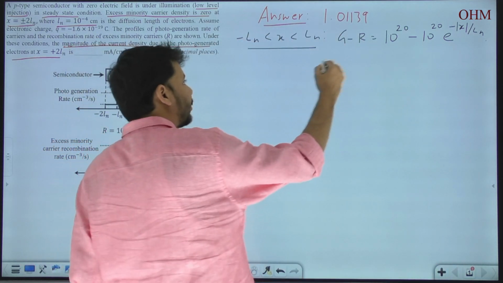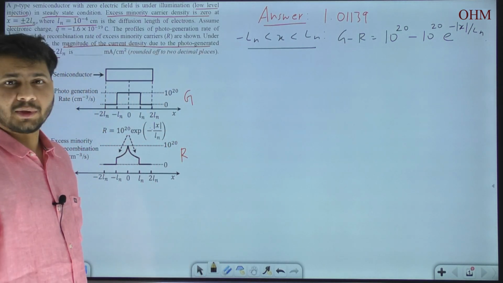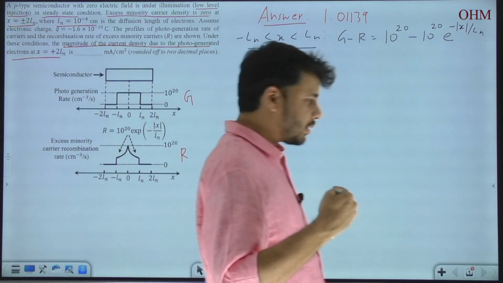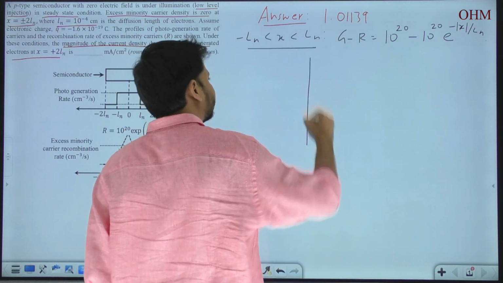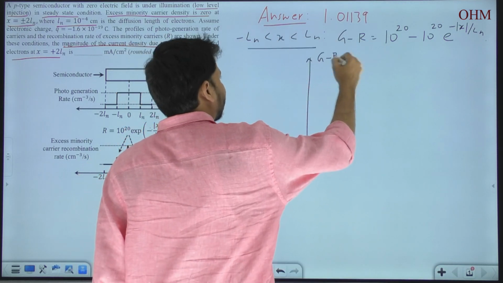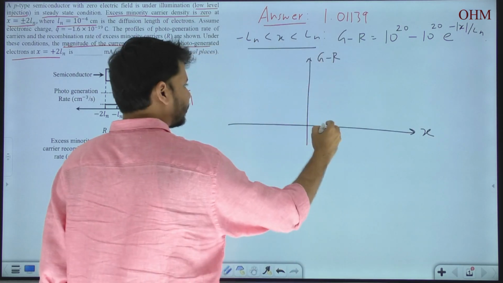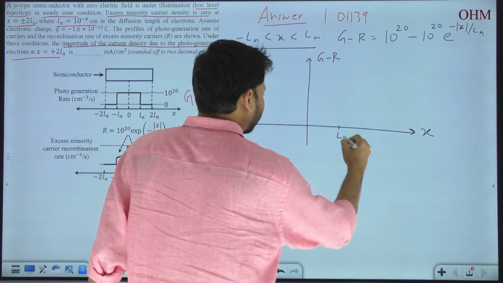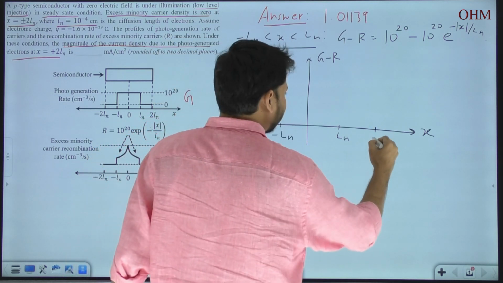In fact, let us try to plot how this G minus R varies with distance. When you go from minus 2ln up to plus 2ln, look at this. This is G minus R. This is x. Let this be ln. Then this would be minus ln.